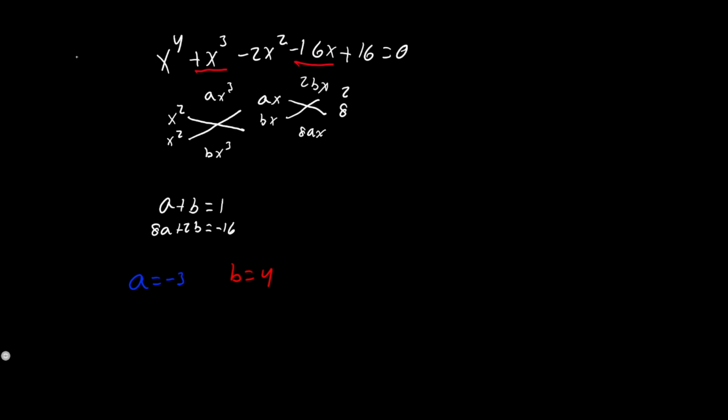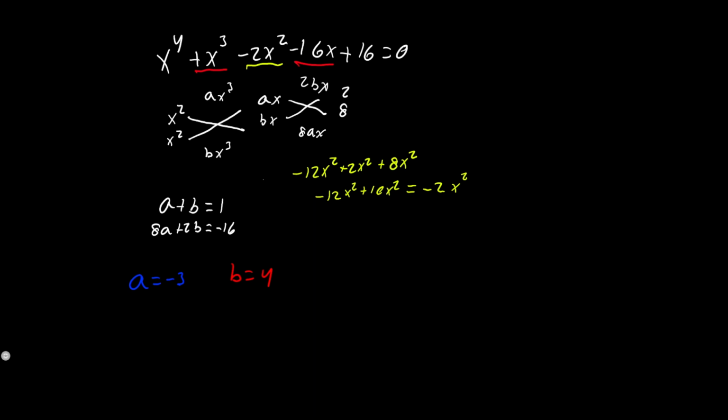So now we're going to go ahead and multiply negative 3 and 4, giving us negative 12x squared plus 2x squared plus 8x squared. Here we just add 2x squared plus 8x squared, giving us 10x squared, and this gives us negative 2x squared, which gives us our value in the quartic we had.